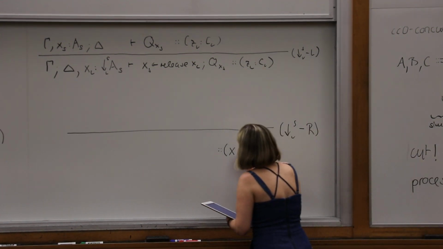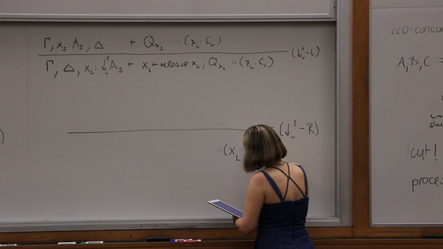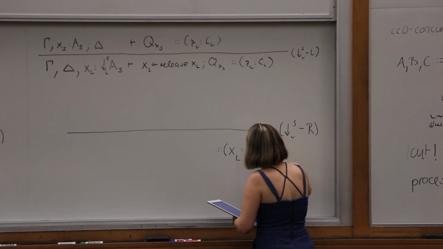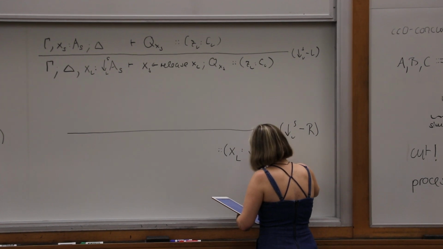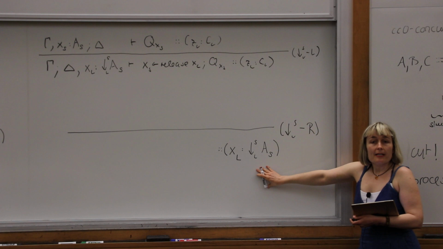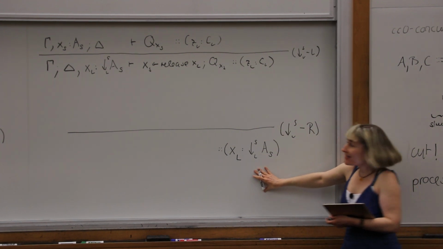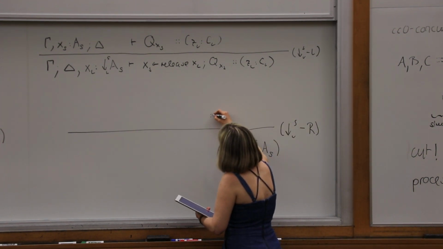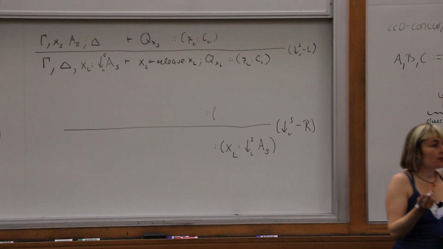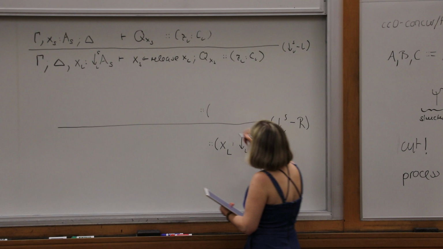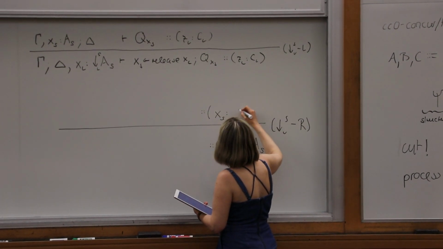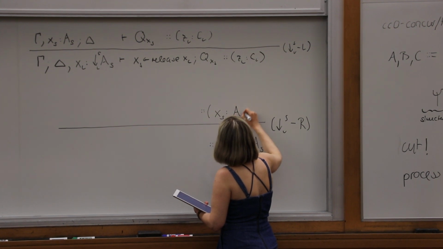So it's X sub L of type down arrow A sub S. Once it will have been released, in which phase will it be? Shared, exactly. So it's going to offer something along now a shared channel of type A sub S.